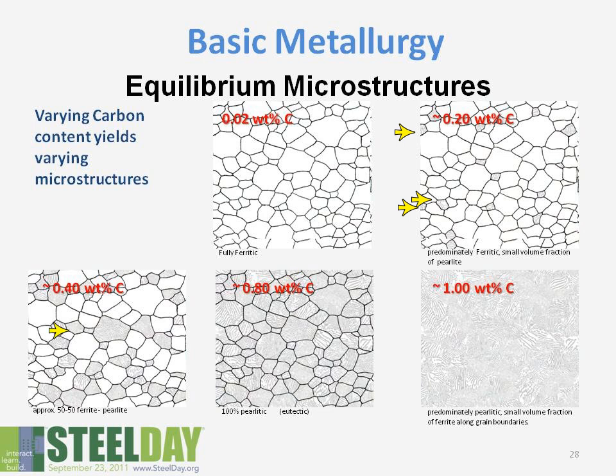As the carbon increases, the volume of the pearlite also increases until we get to around 0.8% carbon, in which case we get to what's known as a eutectoid or a fully pearlitic structure, in which all the grains or colonies are actually pearlitic.